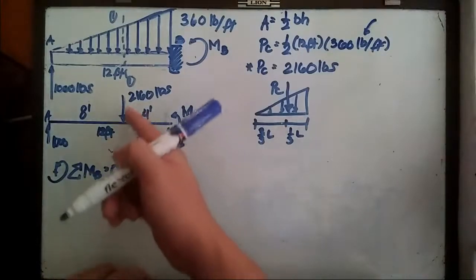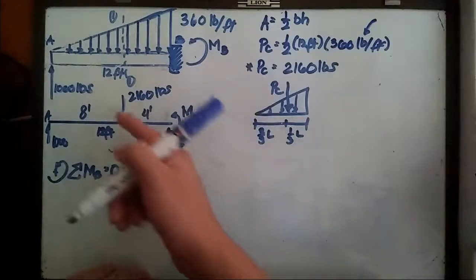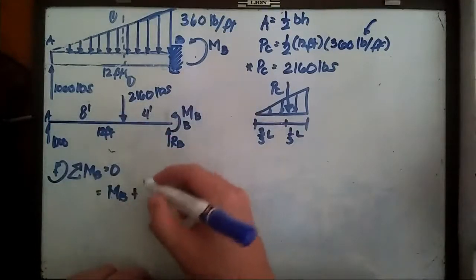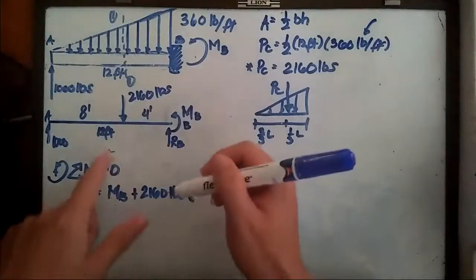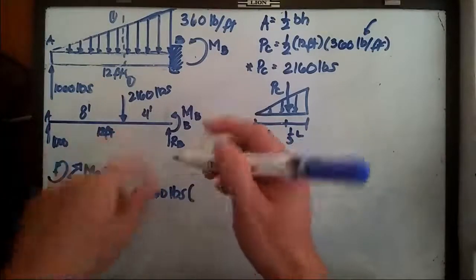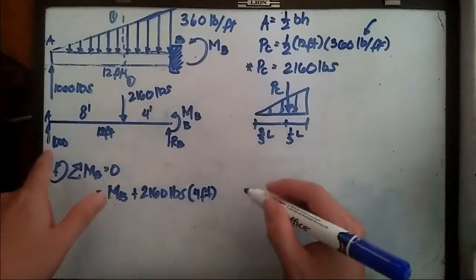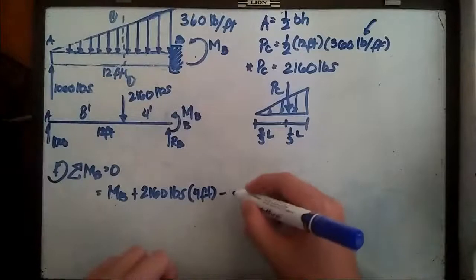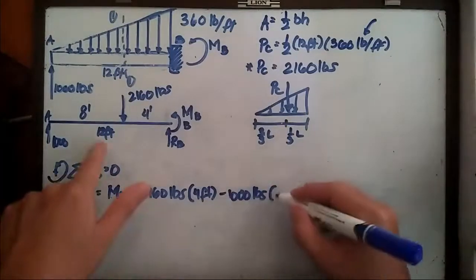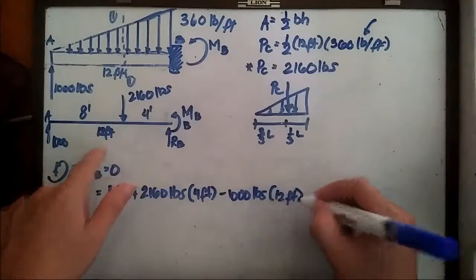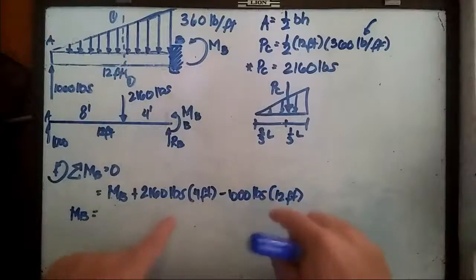We have this 2,160 pounds, whose rotation is counterclockwise, so that is positive, multiplied by the perpendicular distance of 4 feet. And we have the 1,000 pounds rotating clockwise, so that is negative 1,000 pounds multiplied by 12, the perpendicular distance.